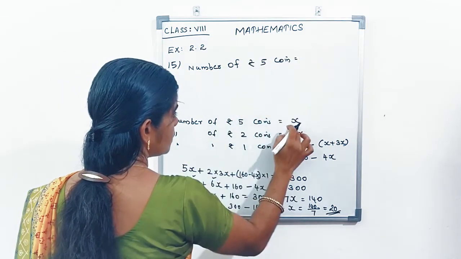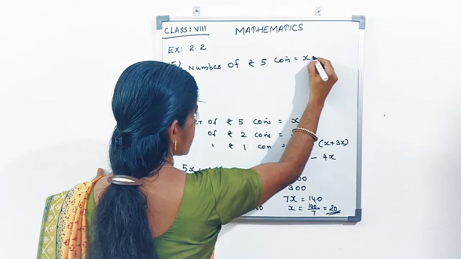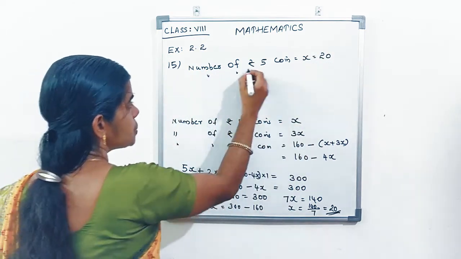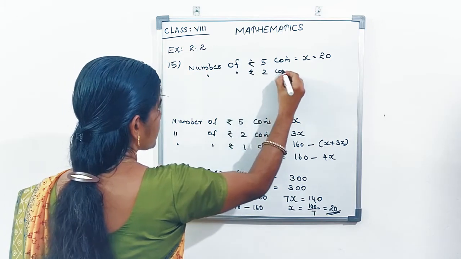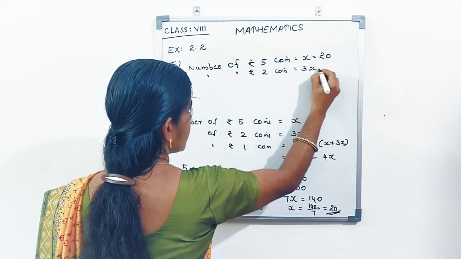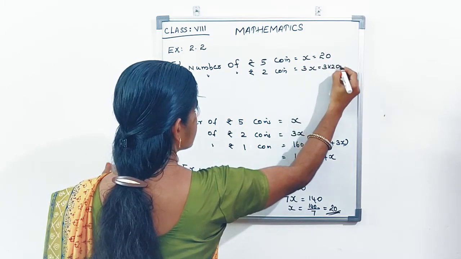Coin, we already chose x, that is equal to 20. Then the number of 2 rupee coins is 3x, that is 3 into 20, equal to 60.